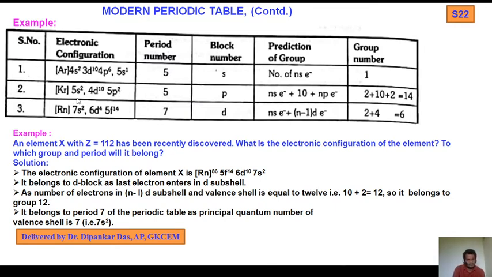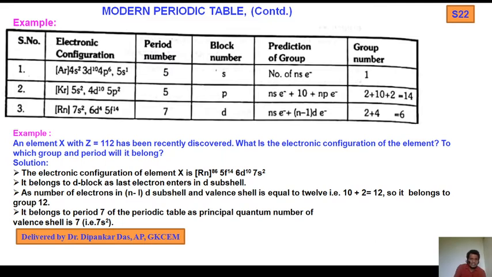Now in the second example, krypton 5s2 4d10 5p2. Here also n equals 5. Block is P, because the last electron enters P. Prediction of group: number of NS electrons plus 10 plus NP electrons. That means actually the valence shell.